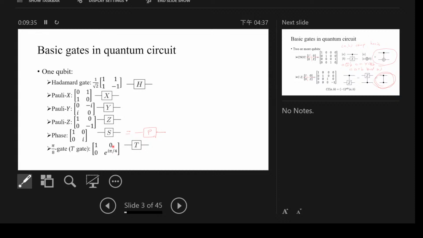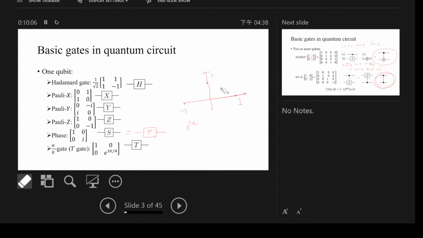Okay, and I guess, in terms of complex numbers, just a few reminders on complex numbers. If you have a complex plane, then you have a 1 here, and then you have a minus 1 here. This is e to the i pi, and then you have i here, and so the angle here is pi over 2, and then you have e to the i pi over 4 here.